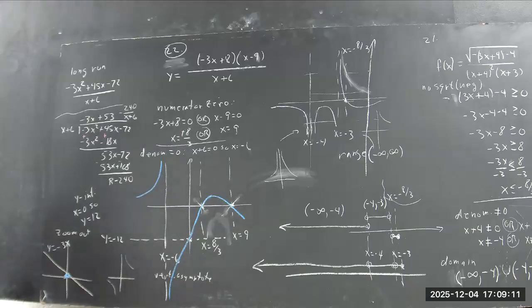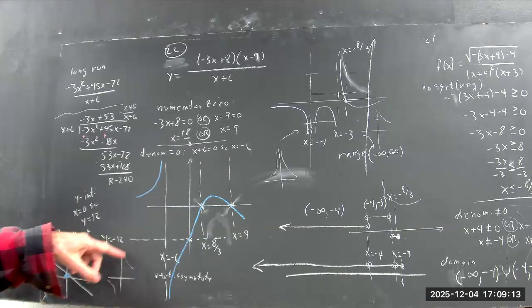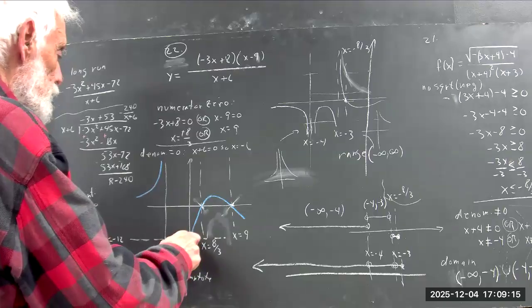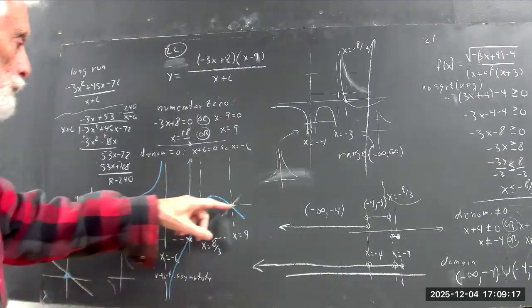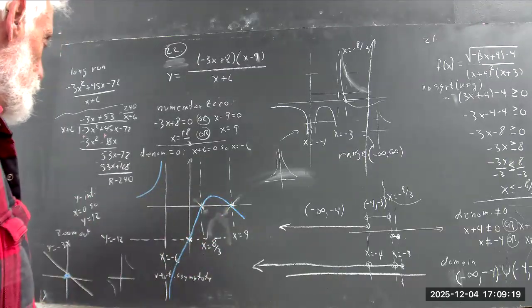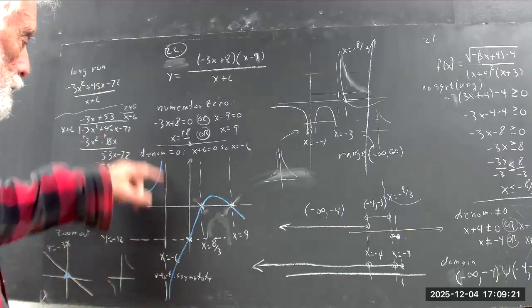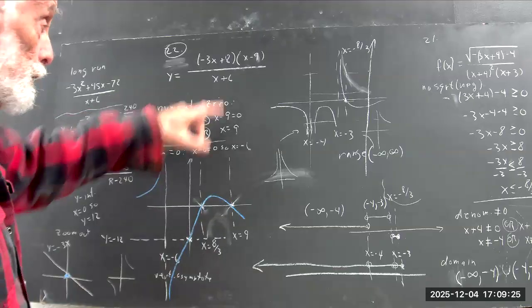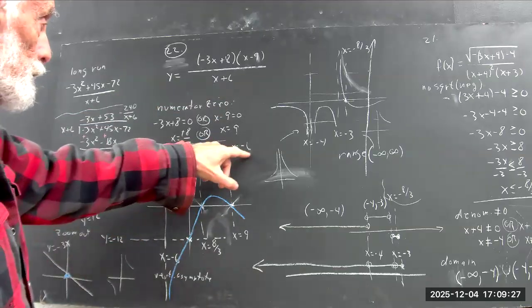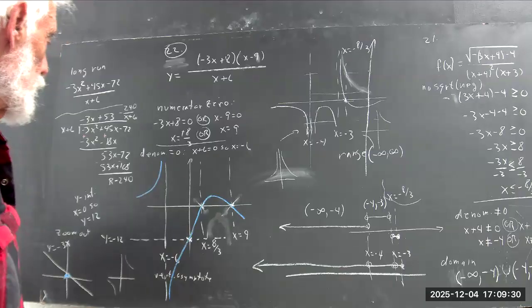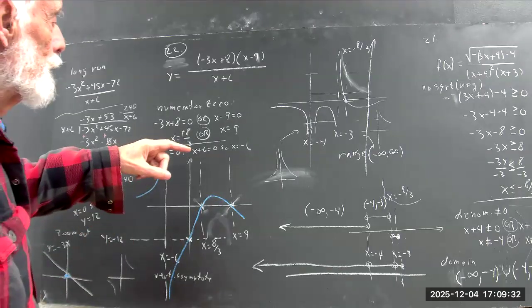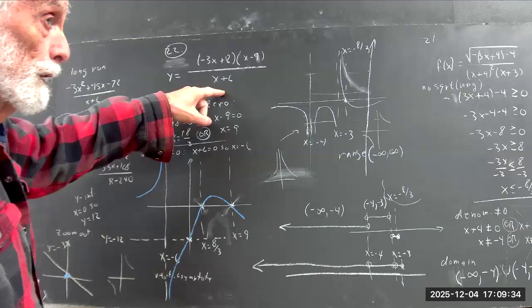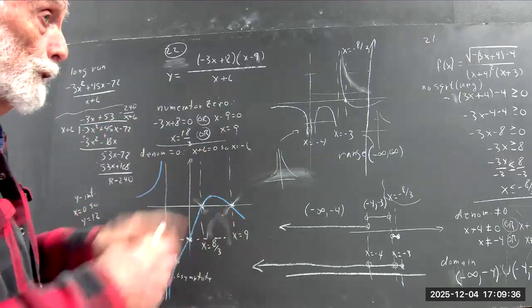Okay. So y equals negative 12. There's your y-intercept. You have to go through these 3 points, and you have to have a vertical asymptote at x equals negative 6, because that's where the denominator is 0. It's just x plus 6 in the denominator, just x plus 6 to the first power.